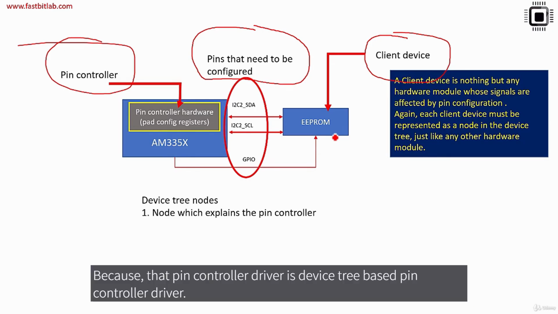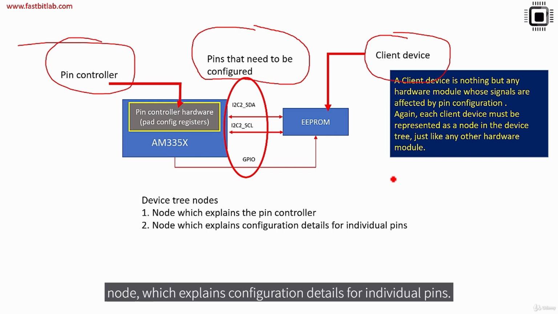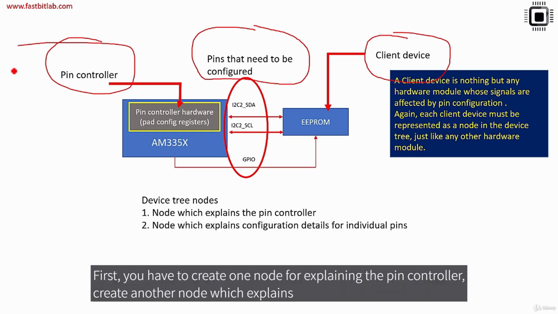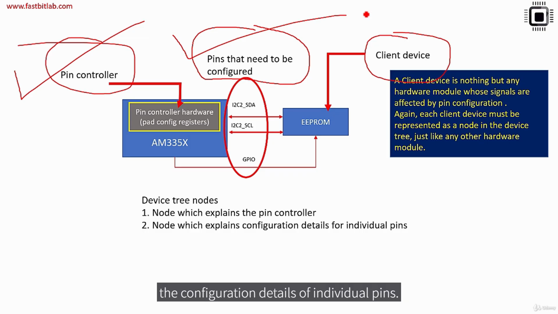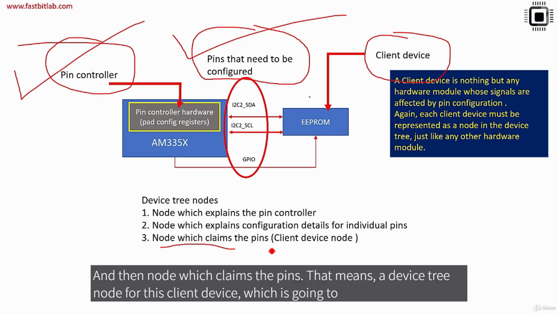So to work with this generic pin controller driver, you have to create several device tree nodes. Why? Because that pin controller driver is a device tree based pin controller driver. First, you have to create a node which explains the pin controller. Then create another node which explains the configuration details of individual pins, and then a node which claims the pins.